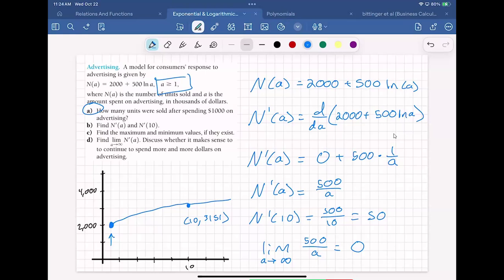Okay, so if they spend $1 million on here, will it be as efficient as spending $10,000? So if I do n prime of 1,000, and we compare that to here, remember, as I mentioned, that's actually only going to equal a half. So is it worth it to spend it, just to get a half a unit sold?